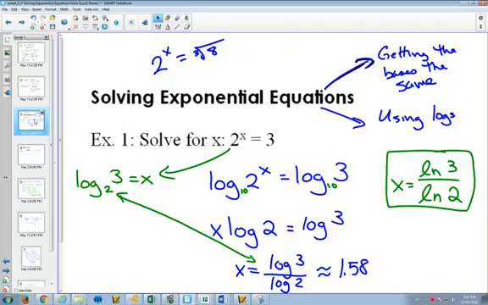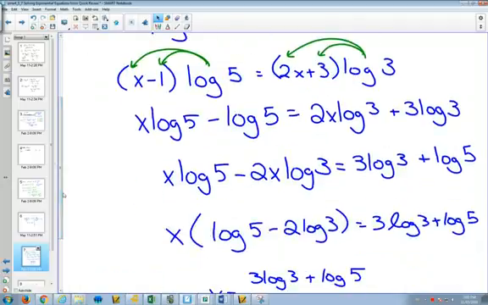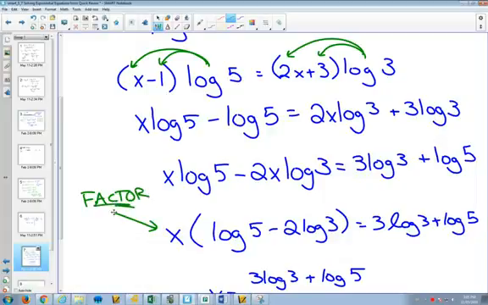And if you can't get the bases the same, start by taking the log of both sides. Then you're going to need to use your log laws to get x by itself. And the most complicated ones are when there's x's on both sides, and then you have to remember to get 1x by itself at this step right here. We had to factor.